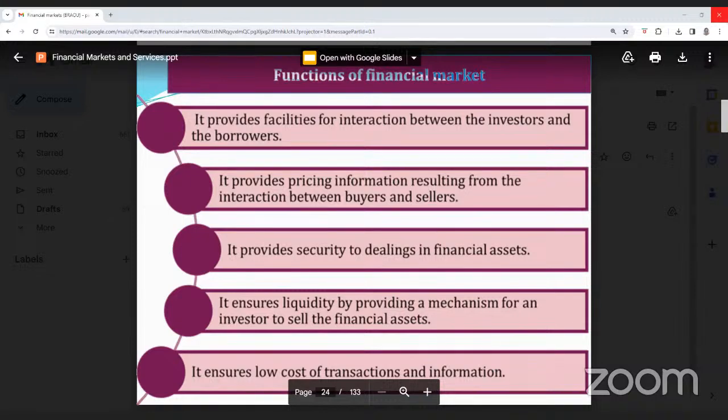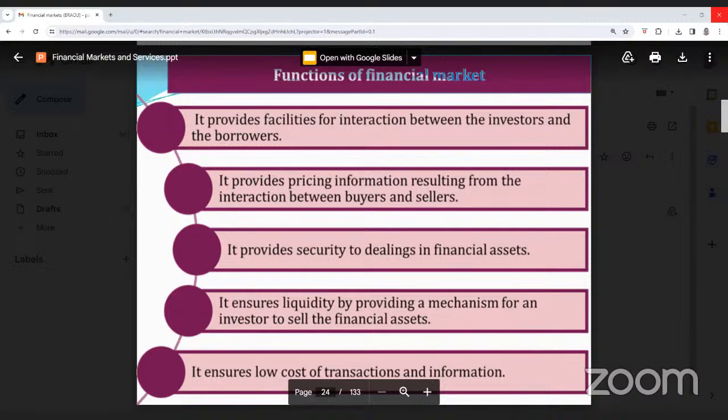Speak in your own words. Tell me. Here first we have the investor and the borrowers. Gayatri. Yes, ma'am.